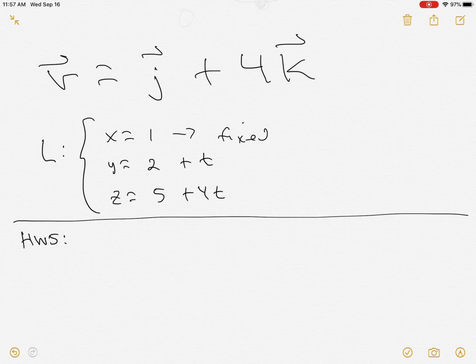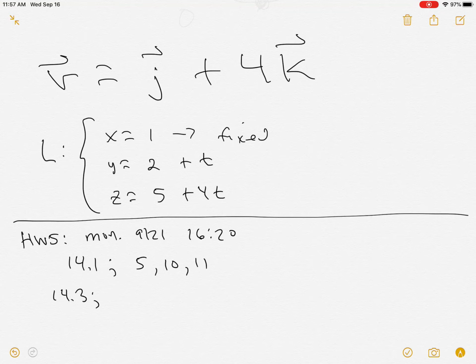This is due Monday at 4:20, and it's sections 14.1: 5, 10, and 11, and 14.3: 1, 4, 8, 11, 24, 40, 44, 53, and 65.